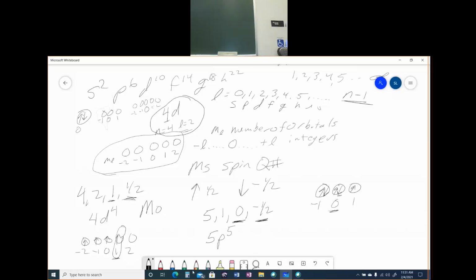Then we come over to the periodic table. Know that S starts at 1, P starts at 2, D starts at 3. So, boron, 2p, aluminum, 3p, gallium, 4p, indium, 5p. That is 5p1, 5p2, 5p3, 5p5, you have iodine.